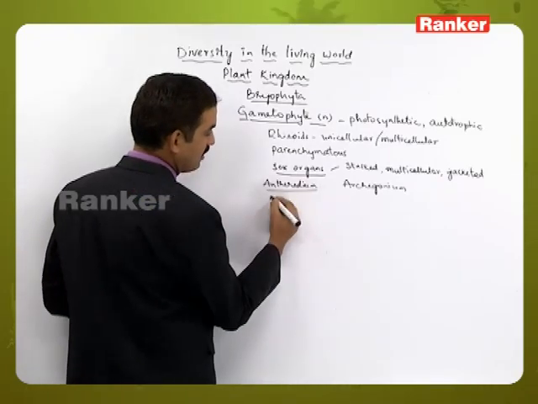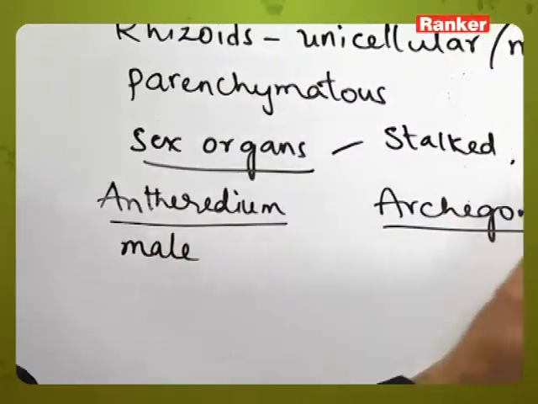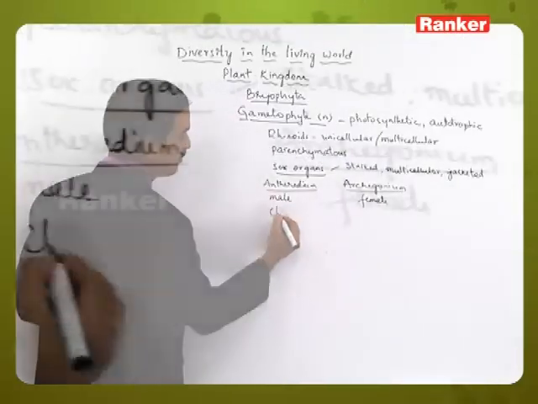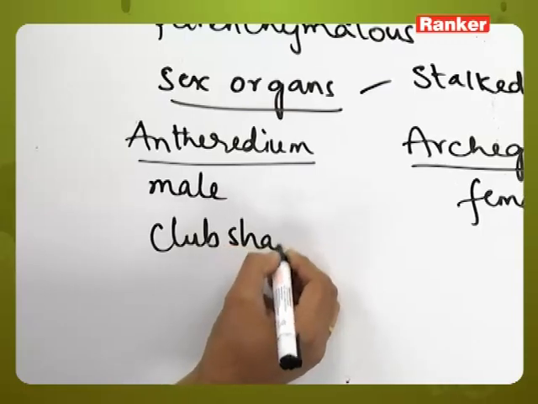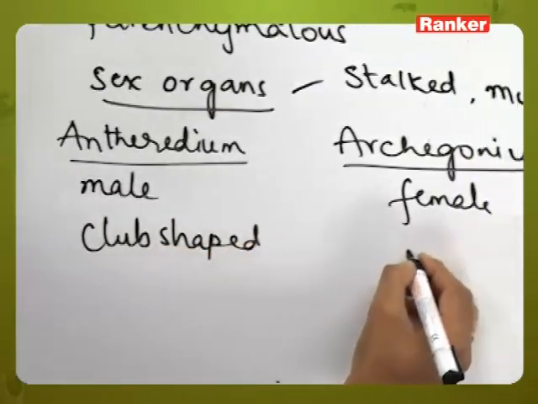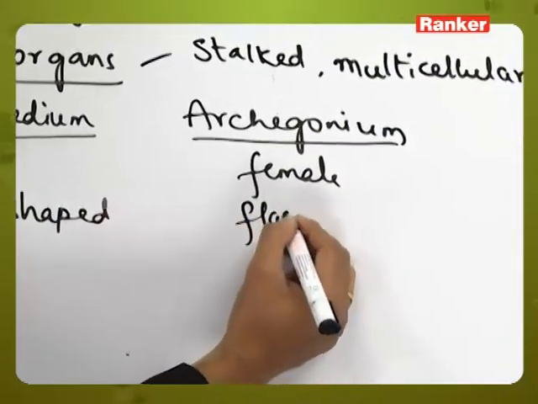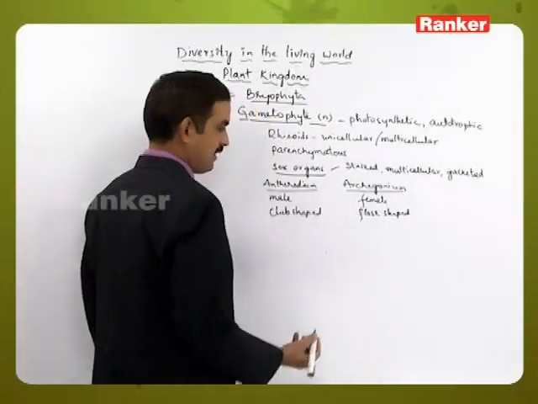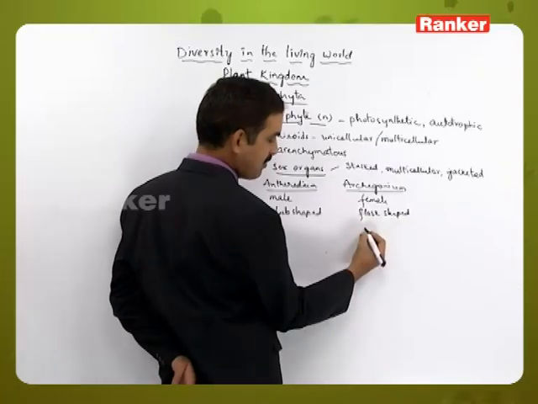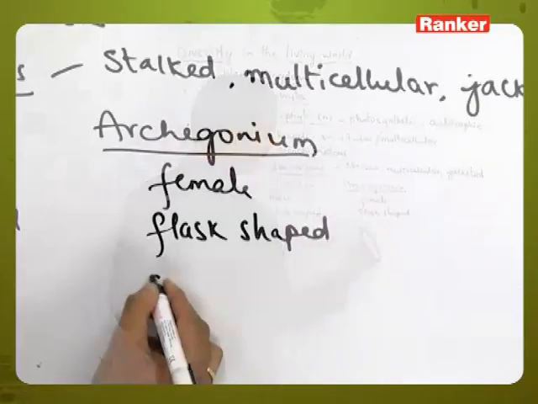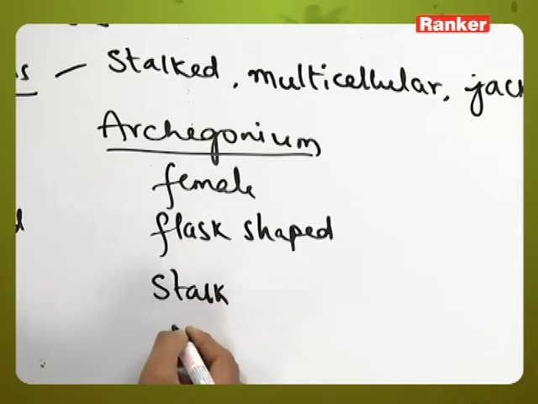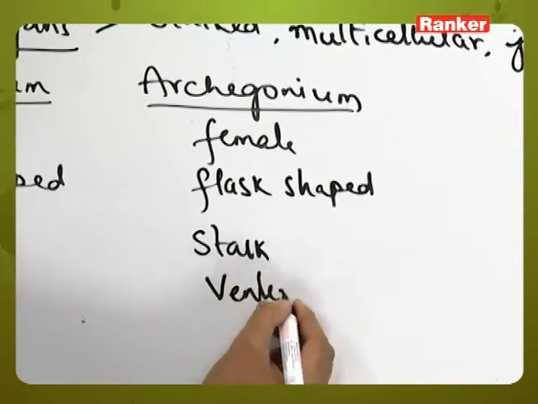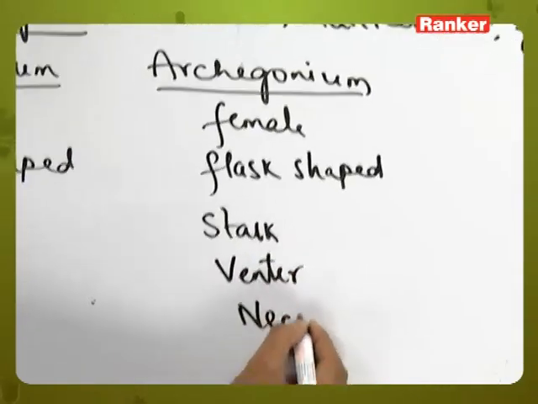The male reproductive organ is called antheridium and the female is called archegonium. Generally the antheridium will be club shaped, whereas archegonium is flask shaped. Then this flask shaped structure may contain three parts: stalk, venter and neck.